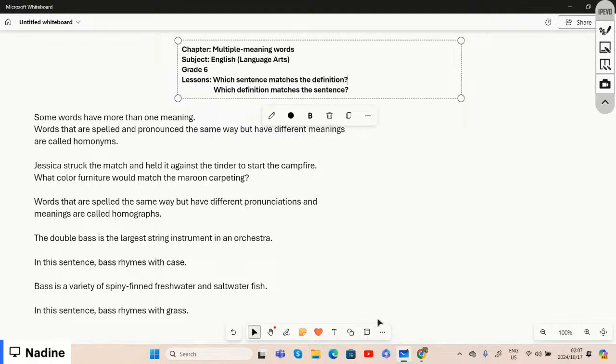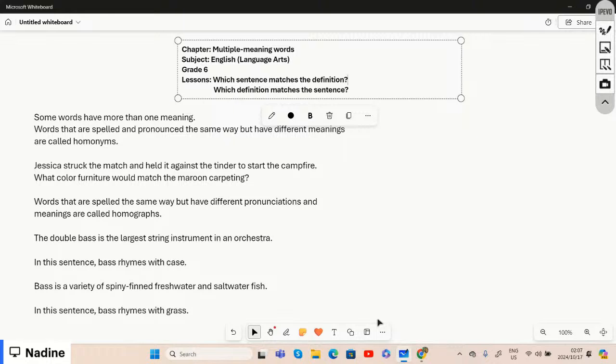So when it comes to multiple meaning words, some words have more than one meaning, and that is why we say they are multiple meaning words.